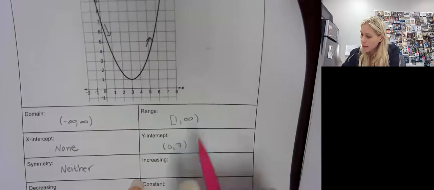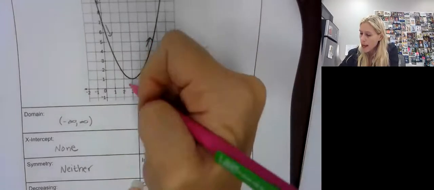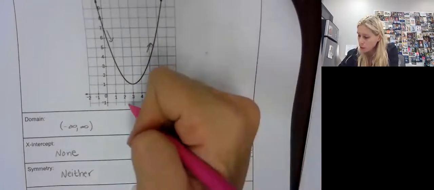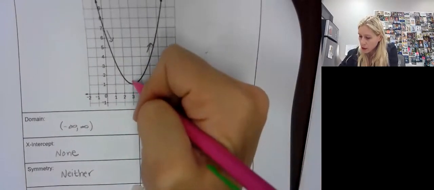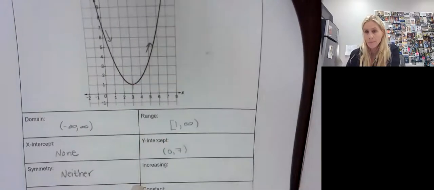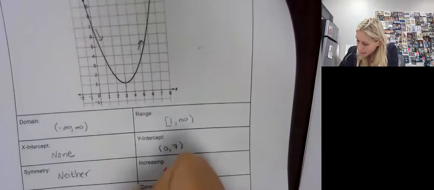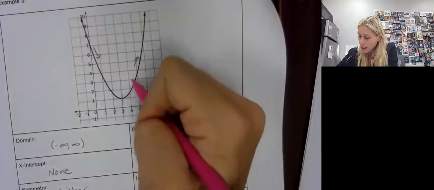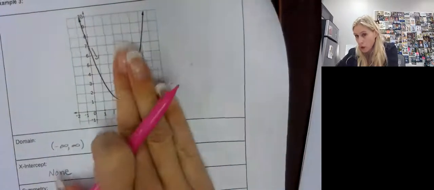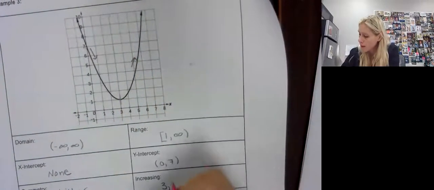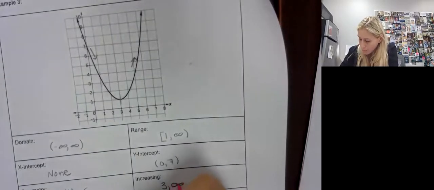So I'm looking at my increasing and I'm looking at my up arrows. Now remember, it's the x values. So where does it change? It changes right here. Okay, so what is that x value? It is 3. And then it keeps going up all the way to the right. So that means infinity.